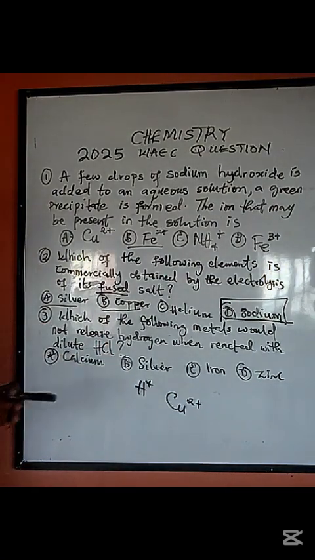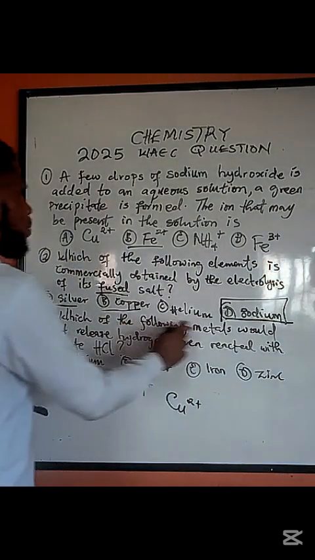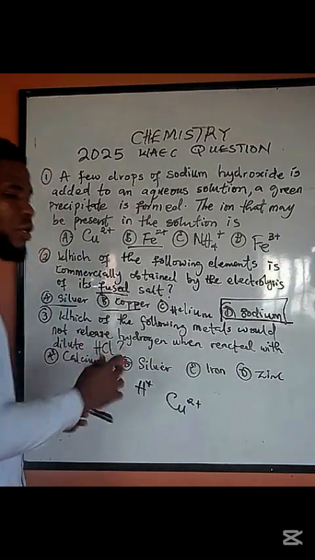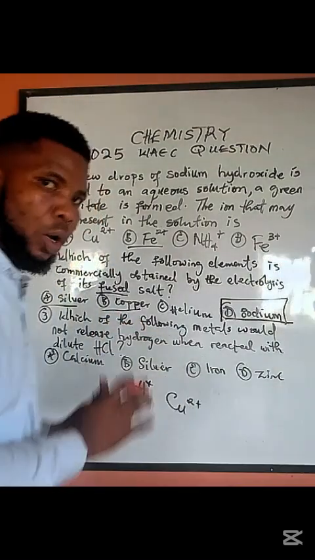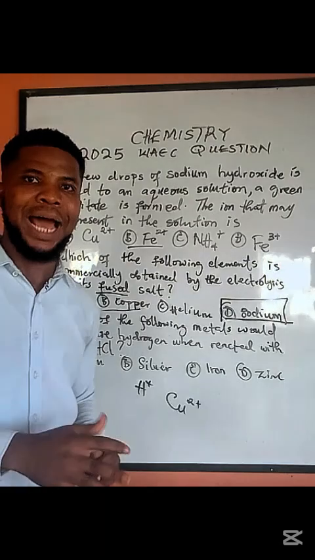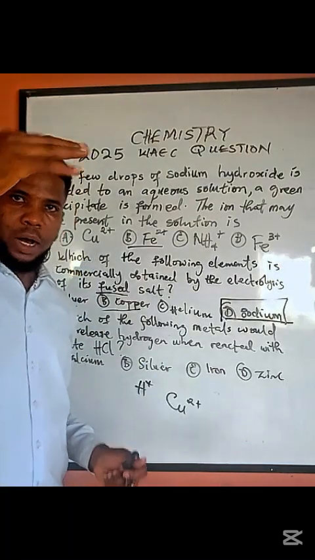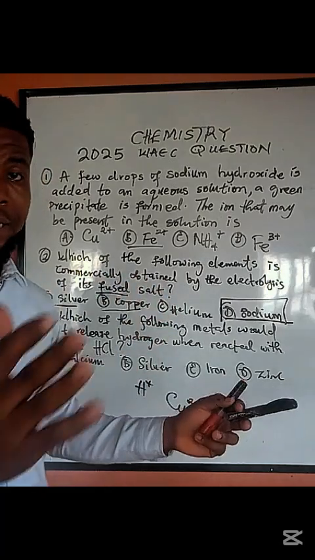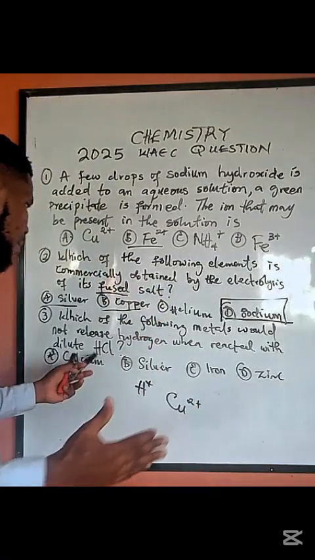Now, number 3, the last question there. Which one of the following metals will not release hydrogen when added to a dilute acid? In this question also, we are looking at those metals that are above or below hydrogen. The ones that are above hydrogen will easily discharge hydrogen from an acid.